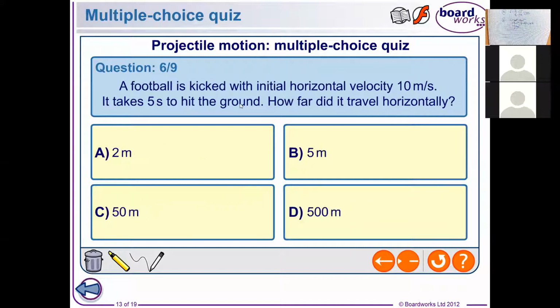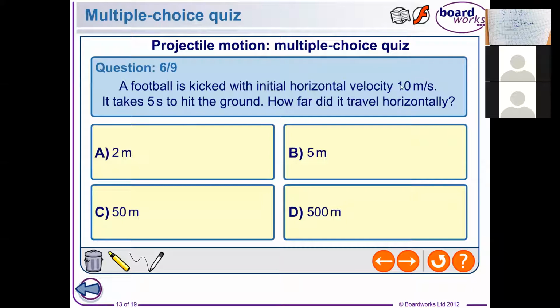Okay. So a football is kicked with an initial horizontal velocity of 10 meters per second and takes 5 seconds to hit the ground. How far did it travel horizontally? I'm going to ask Sadie this one. Is it A? Well, we've got a horizontal velocity of 10 meters per second.